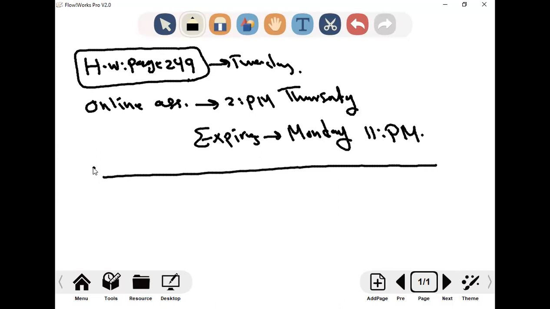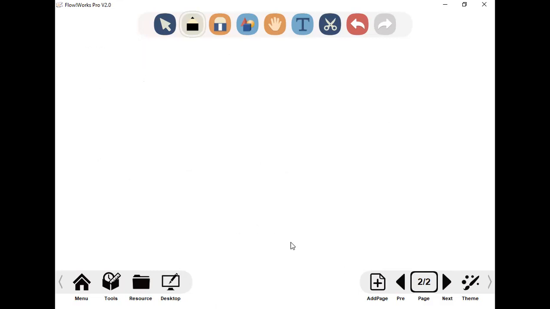Get it? Yeah, let's take our lesson now, which is subtract linear expressions. Prepare your books in that lesson, please. So we are on page 251.